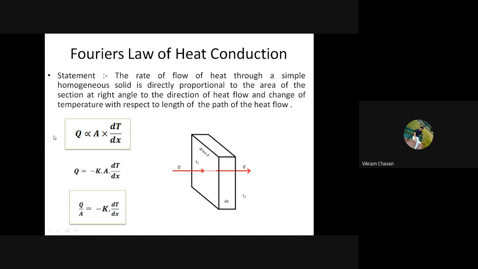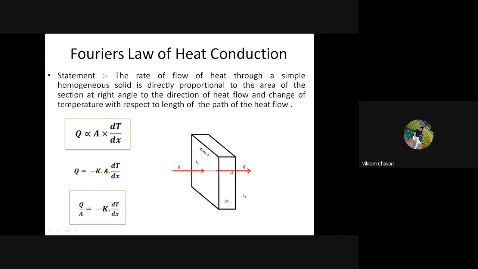Now we come to know that the heat transfer rate is directly proportional to the perpendicular surface area and the temperature difference with respect to the length of the path of heat flow.